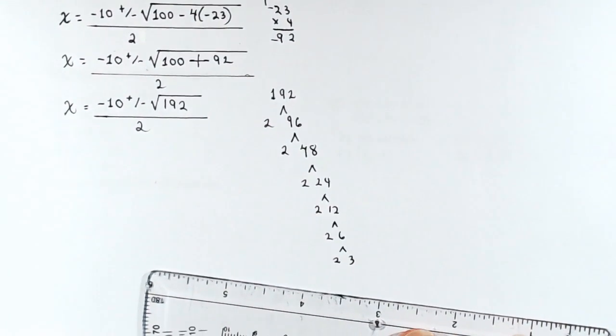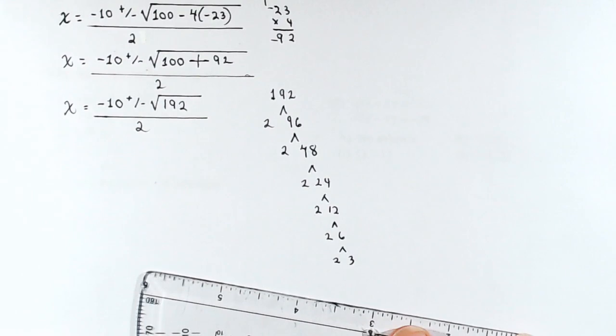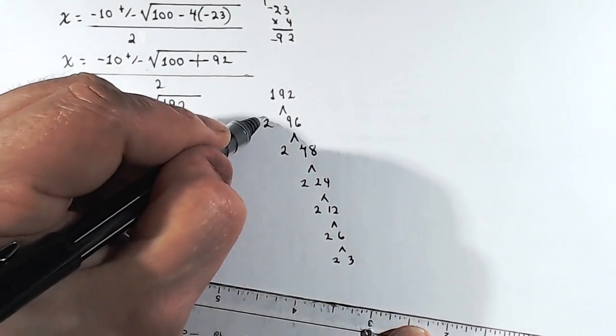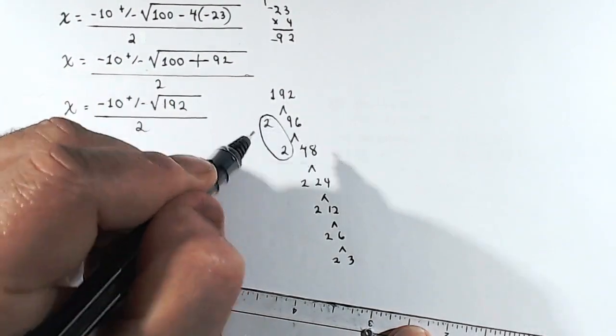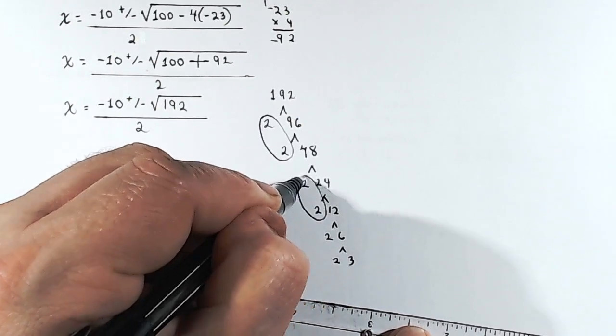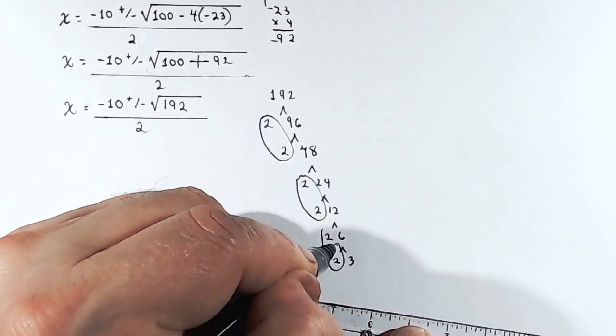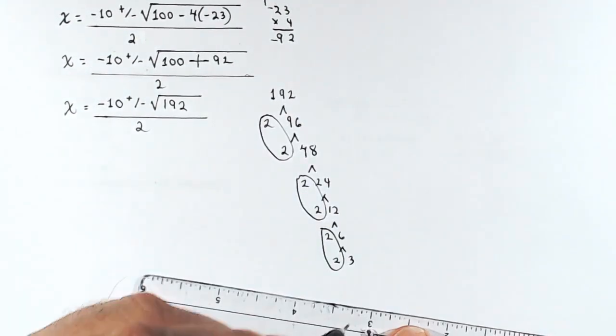Okay, so that's the full prime factorization of 192. And now I can circle these 2's that are in pairs. So I've got 3 pairs of 2's. Okay, and then there's just this 3 sitting out here.